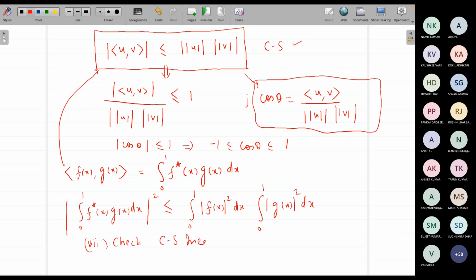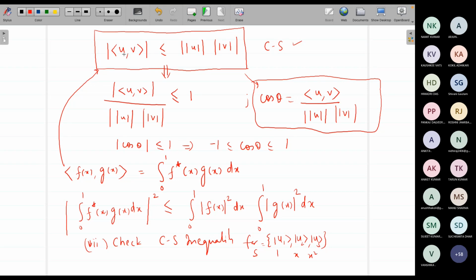the CS inequality for this new space, for the original space which you've had, u1, u2, u3. Remember this was 1, x, x square. For orthonormal ones, you will always find it to be true.